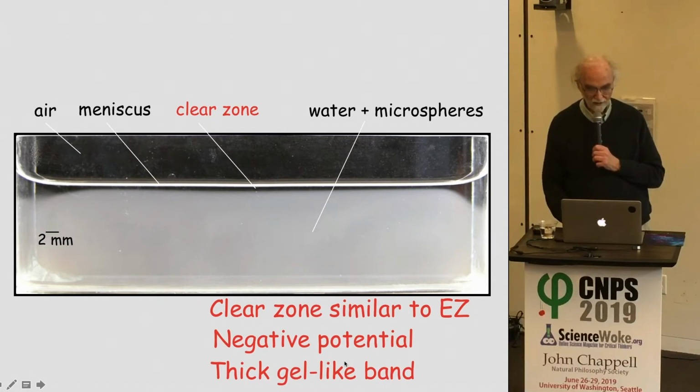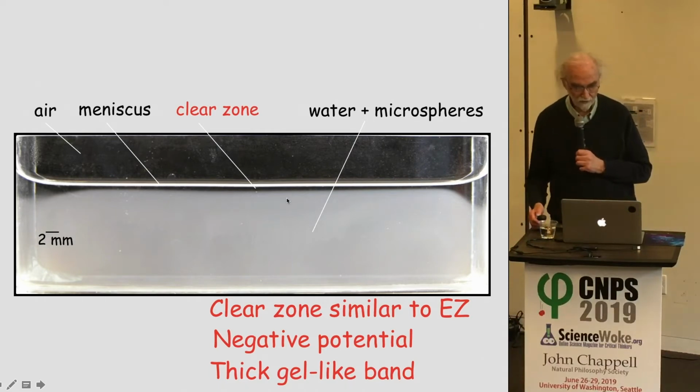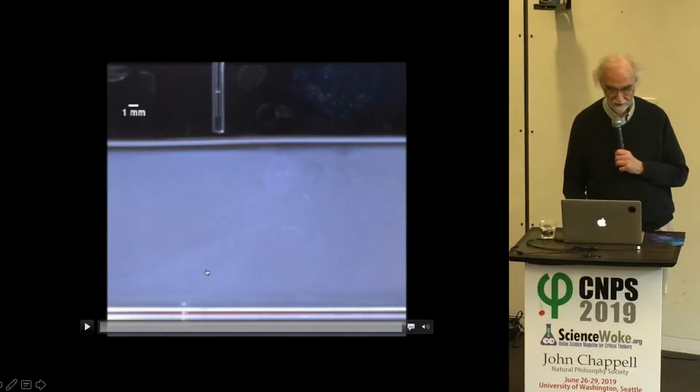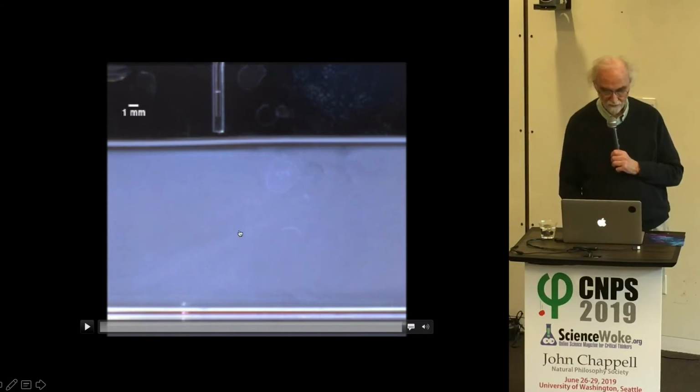It doesn't behave like water. It behaves more like a thick gel, like a thick rubber band running along from here. And you can see that here. So this is the same as before. Here are the microspheres in water, and here is the clear zone near the top. We're going to take a glass rod, touch the top, and perturb it mechanically, moving it back and forth.